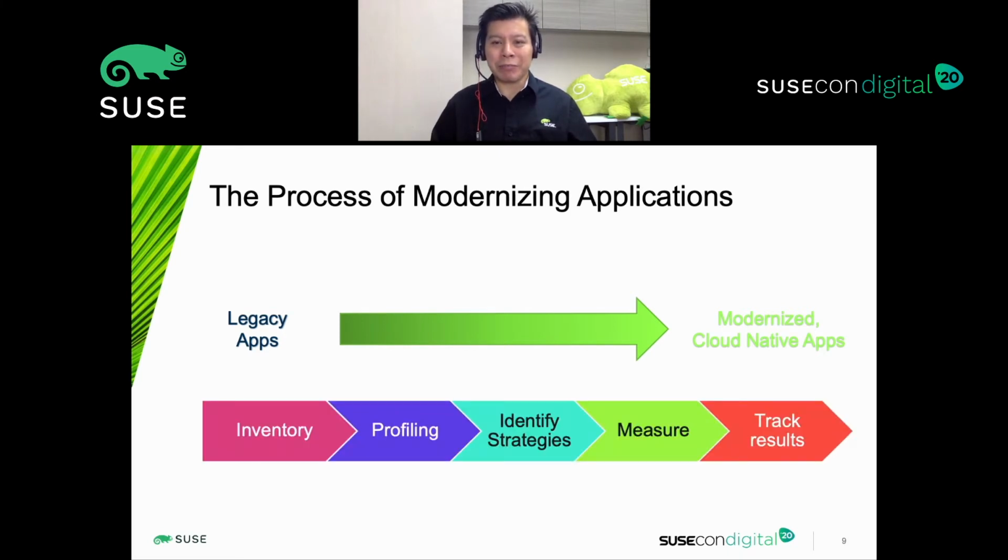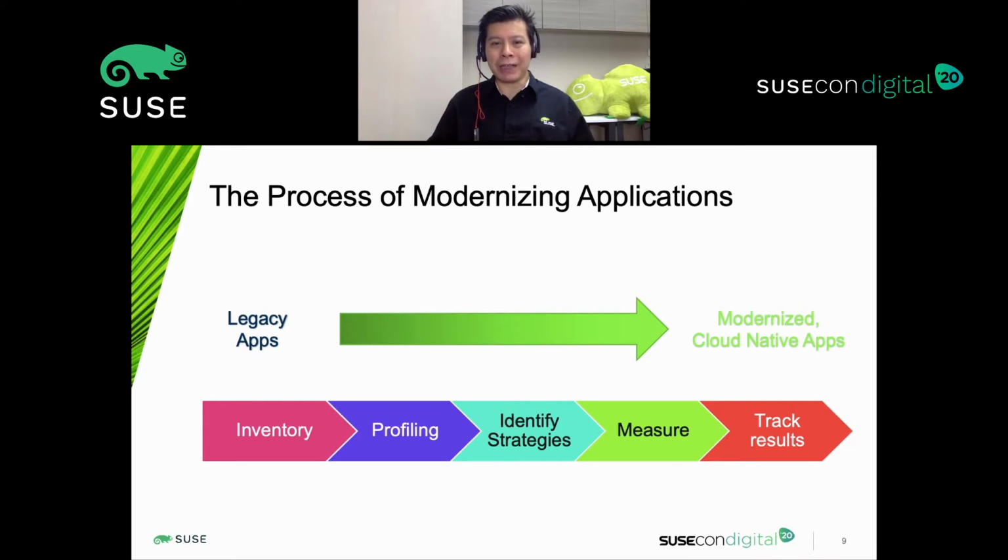A process-oriented approach can systematically help enterprises to modernize their applications. These steps include, first, inventory: doing an assessment of all the applications that you have, and then you profile them and prioritize them, to see which ones are more important to go cloud native, to be mission critical, or to be strategic to grow your business.